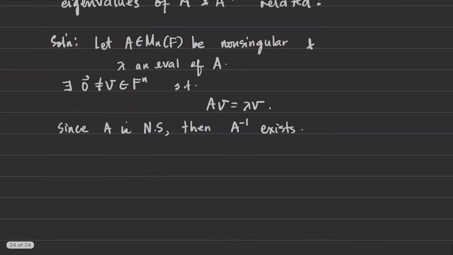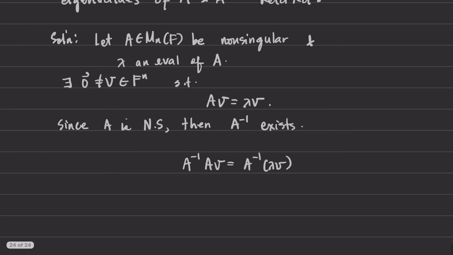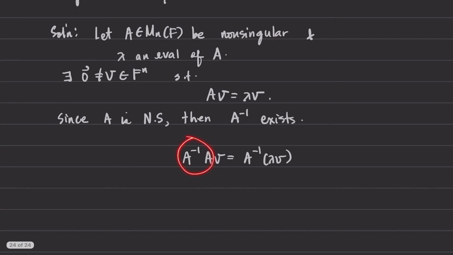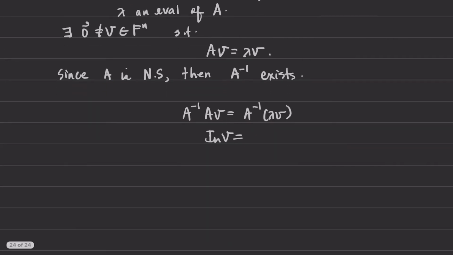So, pwede kang mag-multiply ng A inverse sa left side. Tapos, dito sa left, magkakaroon ka ng identity, tapos yung lambda dito, pwede lumabas. Tapos, V lang yan, no?